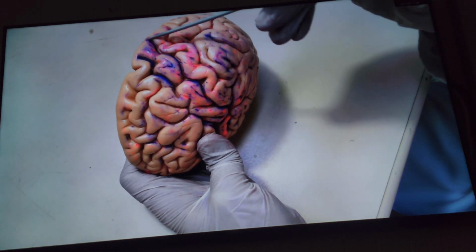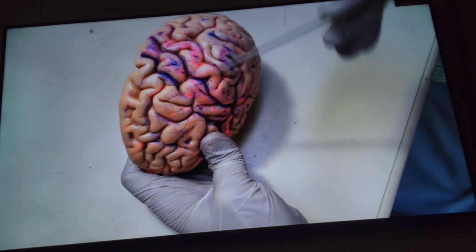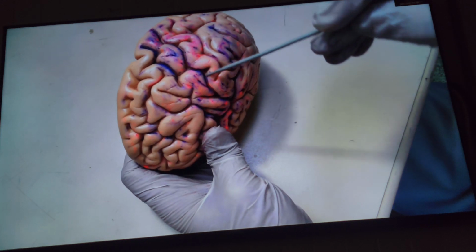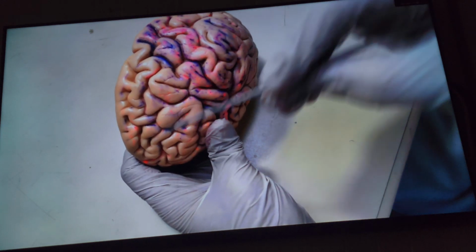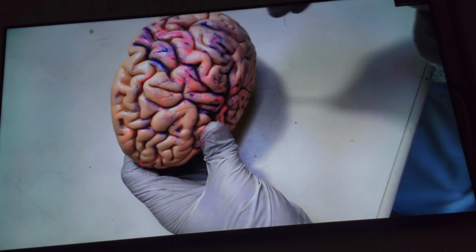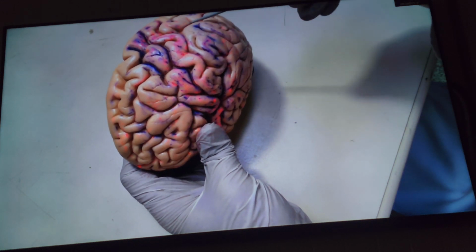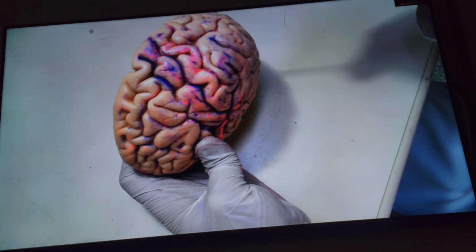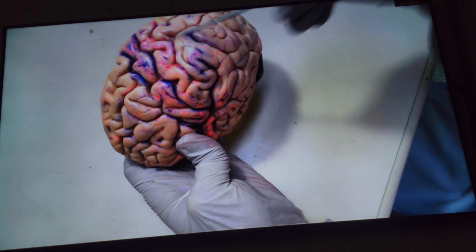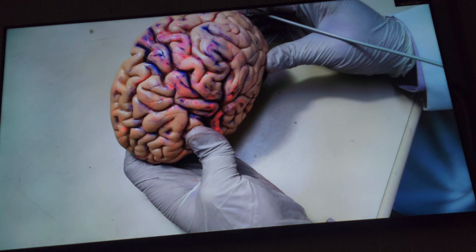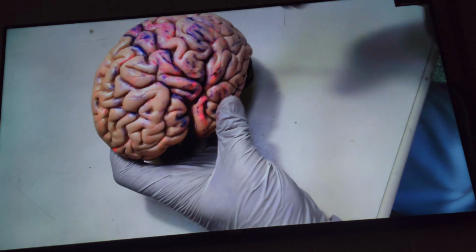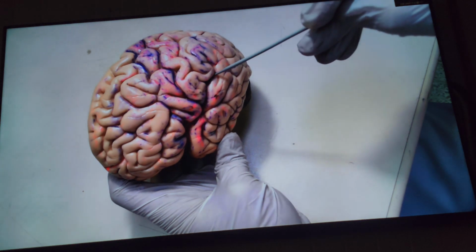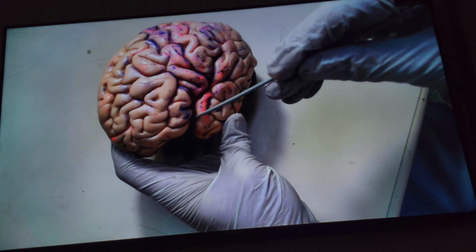So after I identify the central sulcus, we can divide the cerebral hemisphere: anterior to the central sulcus is called the frontal lobe, and posterior to the central sulcus till the parieto-occipital sulcus is called the parietal lobe. Another sulcus is the lateral sulcus, or accurately speaking, the lateral fissure.